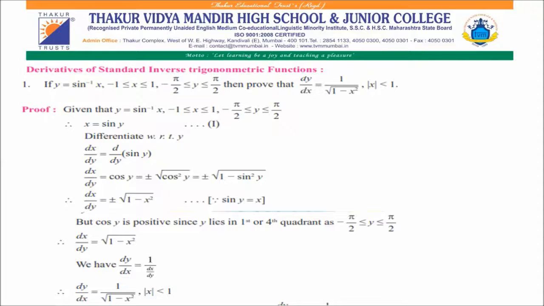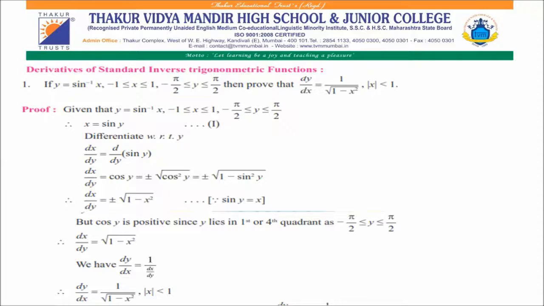Therefore, cos y can be written as plus or minus under root of cos square y. Again this cos square y is written as 1 minus sine square y. So what is sine y? Sine y is x. So we can write under root of 1 minus x square.